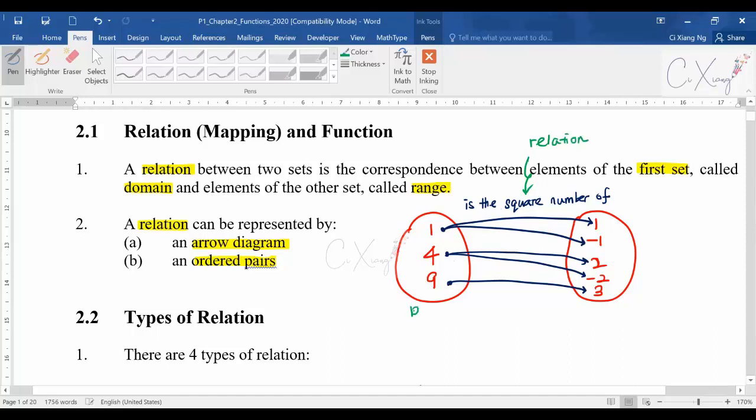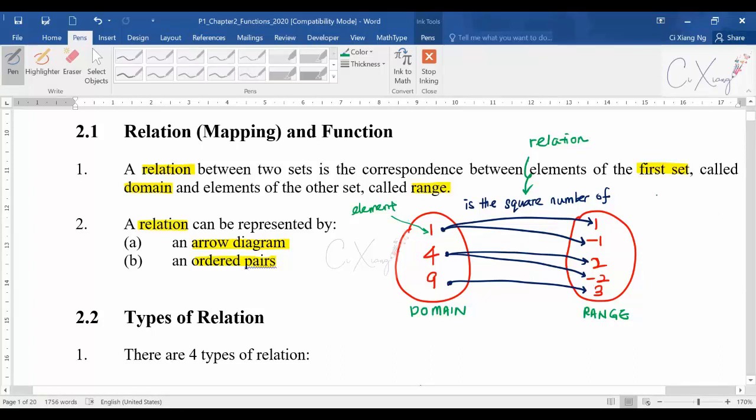The very first set of elements, we call it the domain, and for the mapping part, we call it the range. All the values inside you can call values, or you can call them elements. This is the very basic idea about domain, relation, and range.